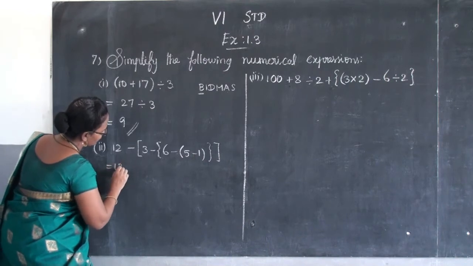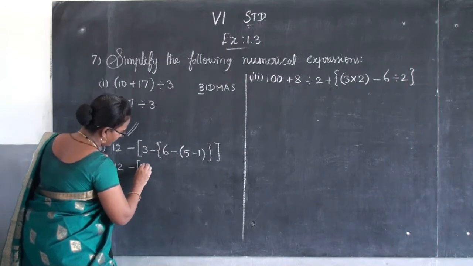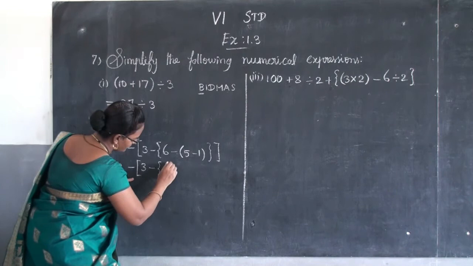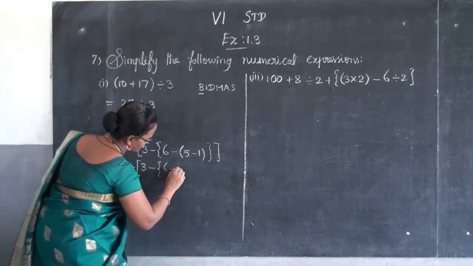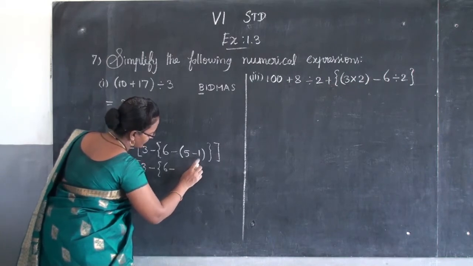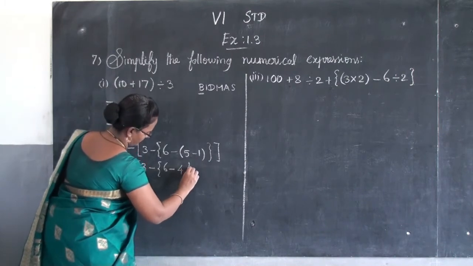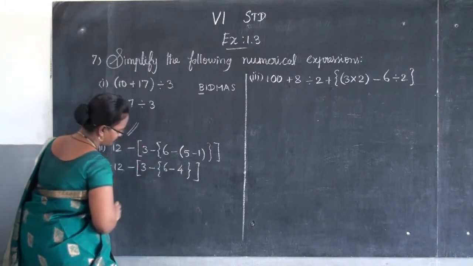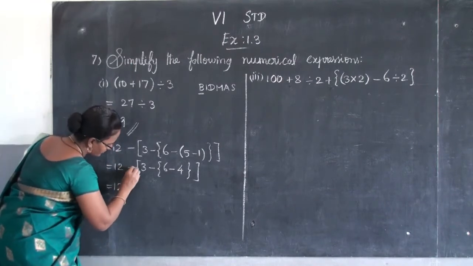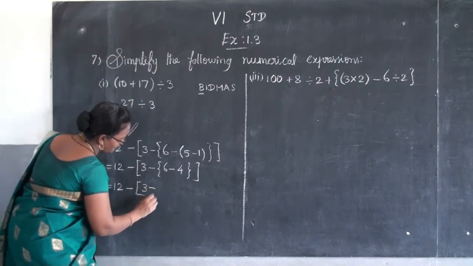So write down 12 as it is, minus. Now solve the round bracket only. The other numbers are written down as they are. Inside the round bracket, 5 minus 1 is 4. So that is solved. Now next step, 12 minus 3 minus.